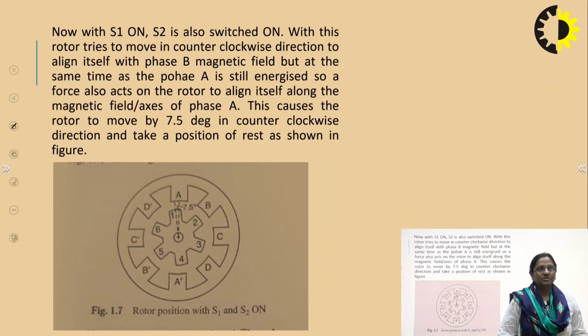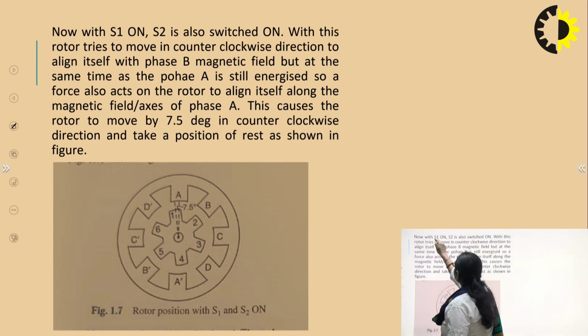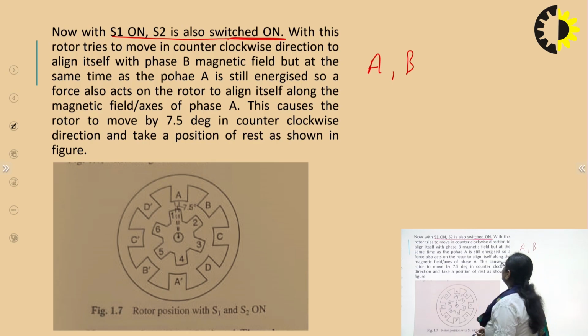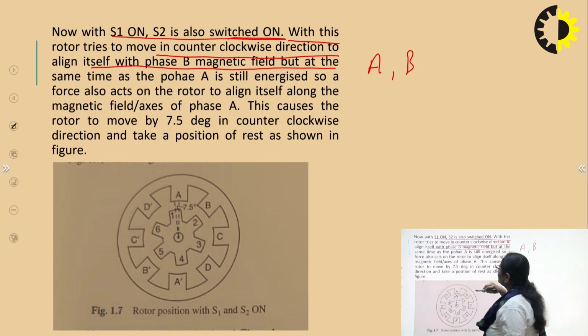With switch S1 on, S2 is also switched on. So we are actually energizing phase A as well as phase B at the same time. Now with this, the rotor tries to move in counterclockwise direction to align itself with phase B magnetic field. But what happens as phase A is also energized?